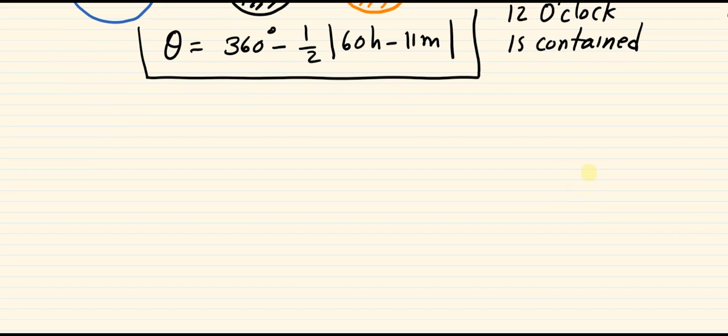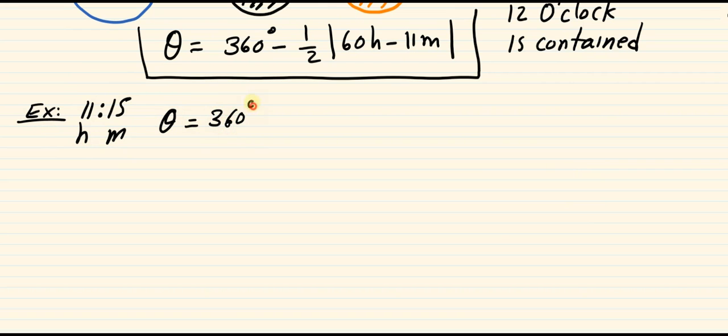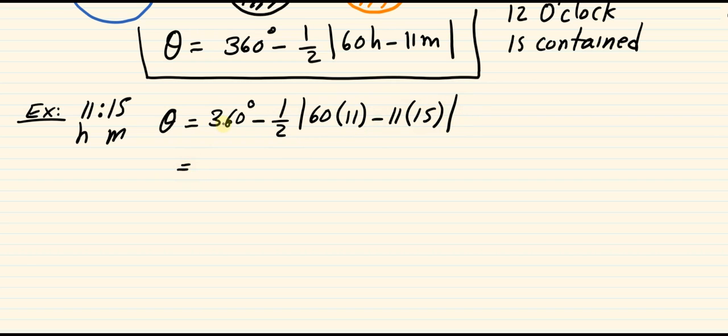Alright, so suppose we want to know the measure of the angle between the hands of the clock at 11:15. So here's my hour, here's the minute. Therefore, the measure of angle theta is going to be 360 degrees minus 1/2 the absolute value of 60 times 11 minus 11 times 15. Those are the minute part of the time.